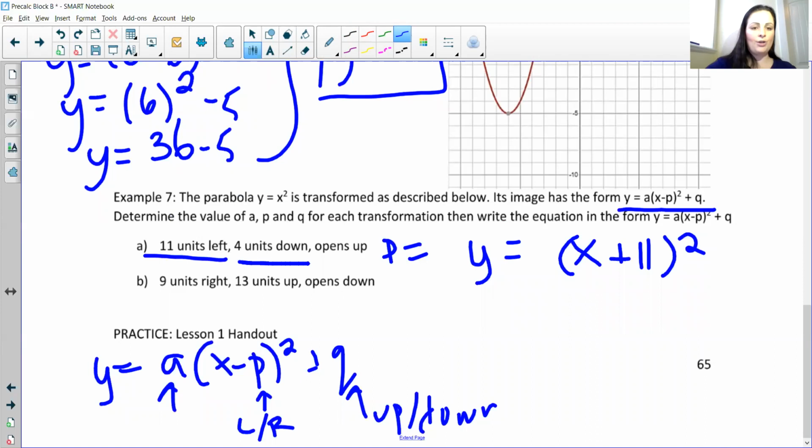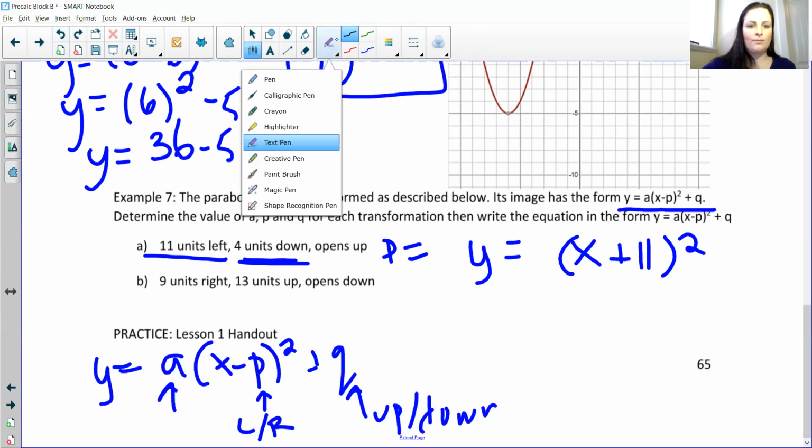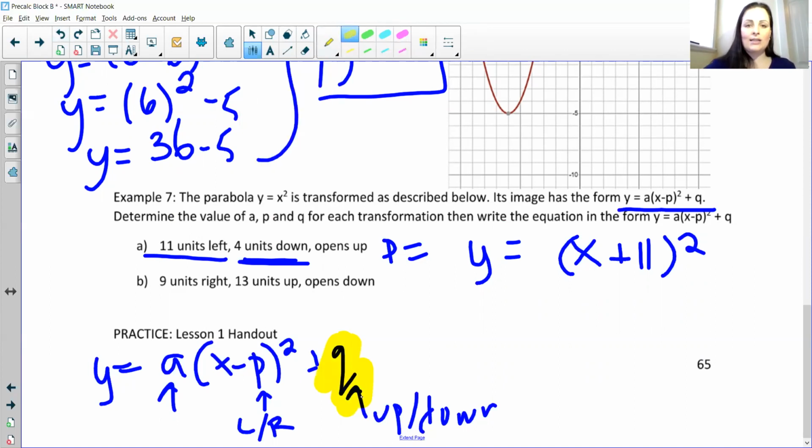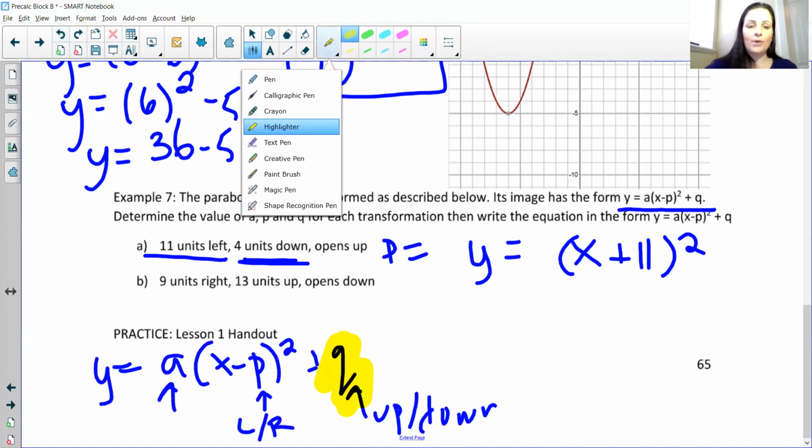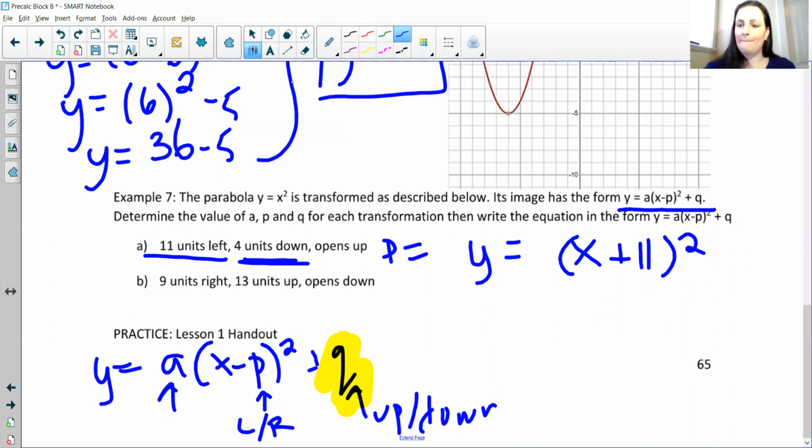It moves 4 units down. So that means that Q here has to be minus 4. So that means it's minus 4 here. And then it says it opens up.